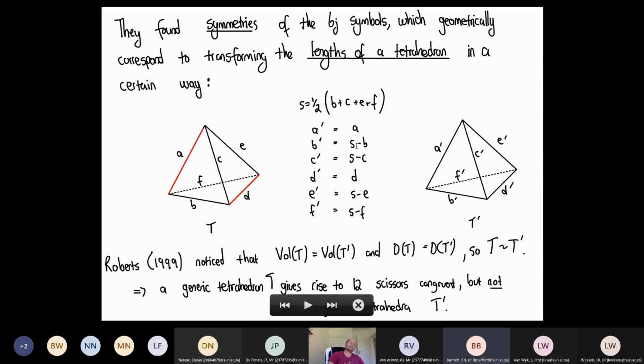The number 12 is there because you can apply this Regge symmetry in all the different ways. You can choose two pairs of opposite edges, and then you can also compose them. So you end up getting 12 distinct symmetries.